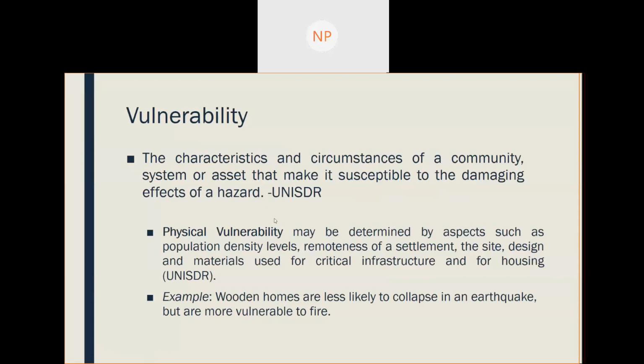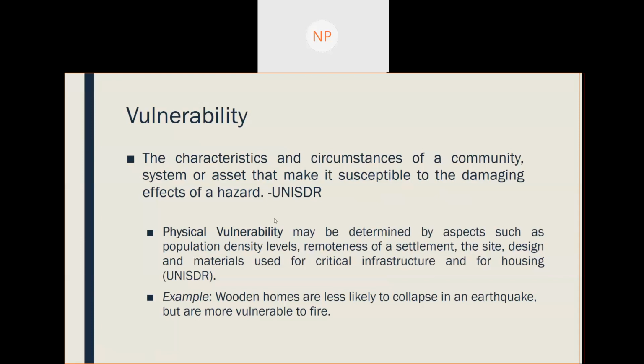That means your level of vulnerability is less. Similarly, your friend staying in the bamboo house will probably be more exposed to the threat because of the construction material with which the house has been built.